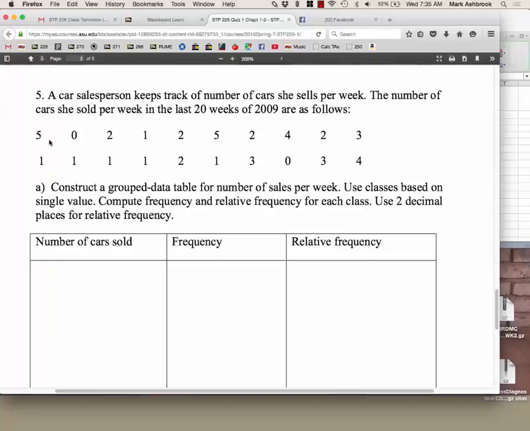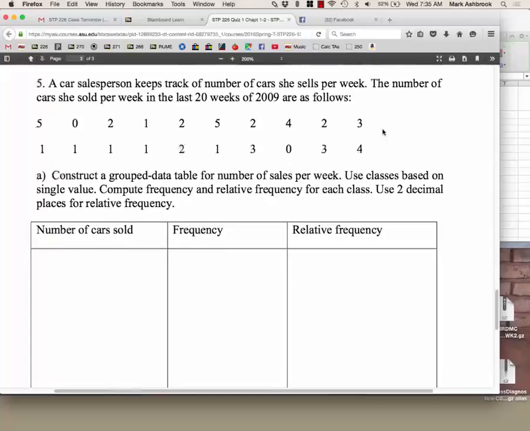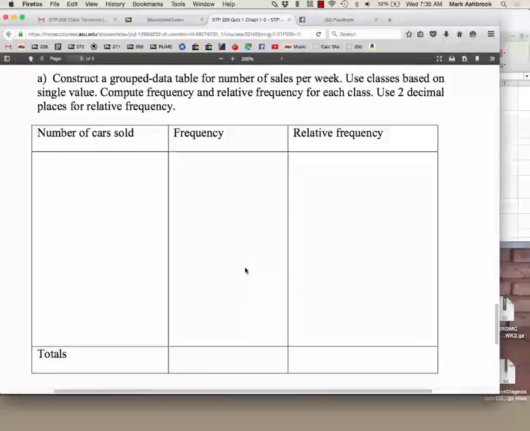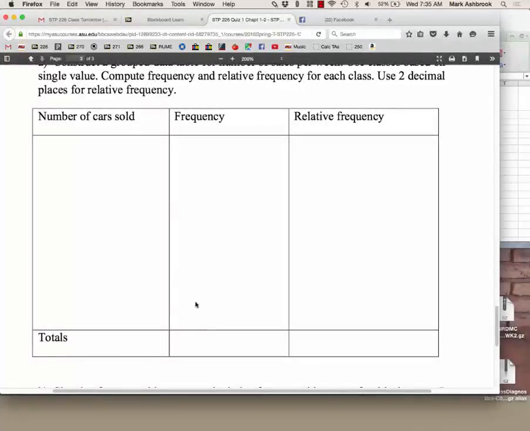No, so these are the data values, right? And so we're looking at the frequency of cars sold per week. So remember when we add up, you add up all the values in the frequency. So you wouldn't total this up. It doesn't make sense to total this up.